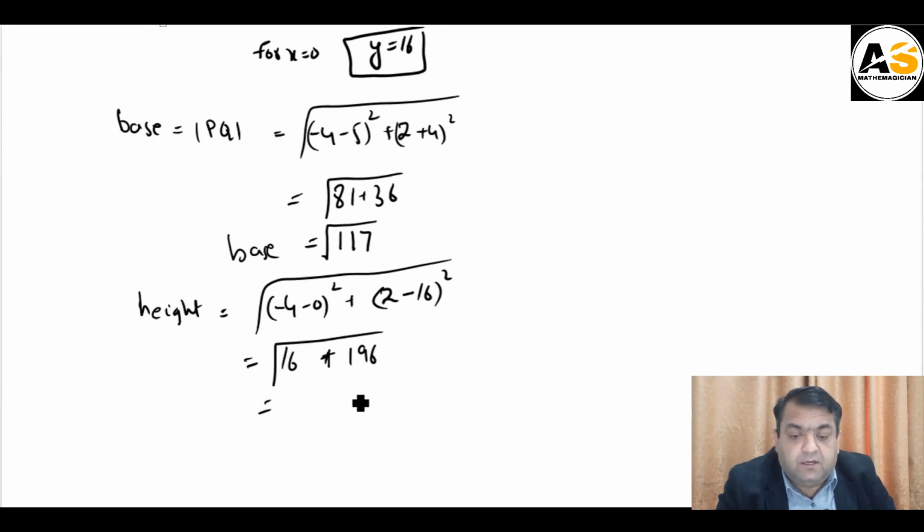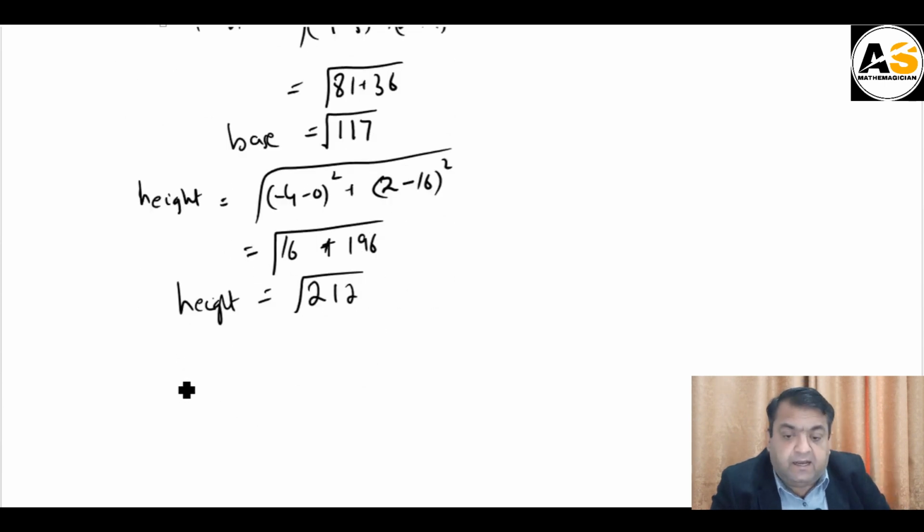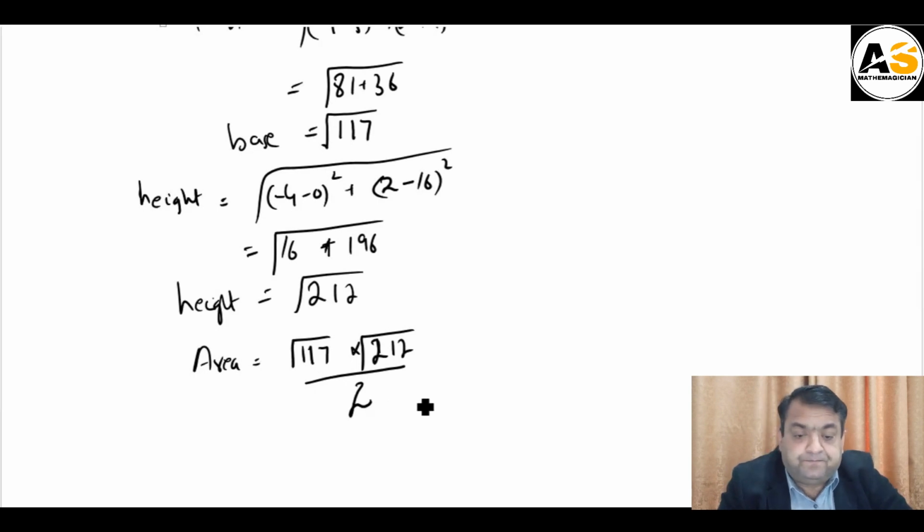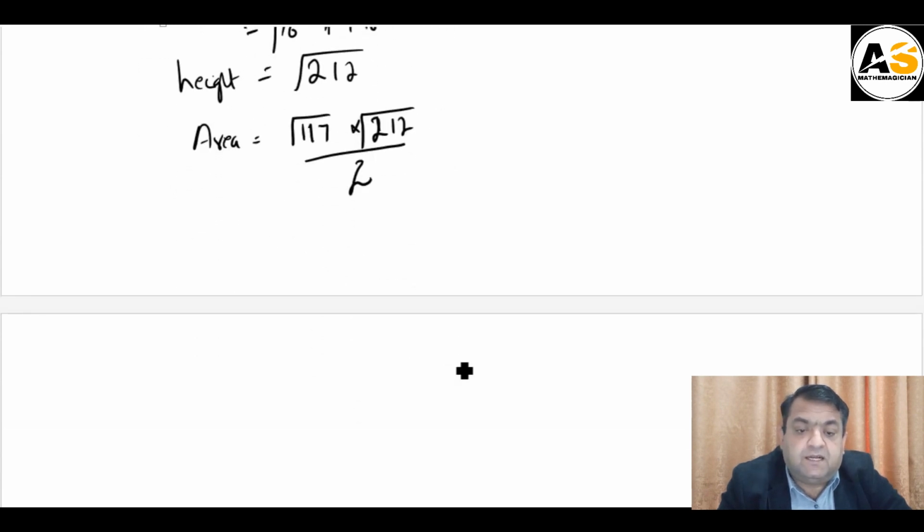This will be 212 square root. I hope this is clear. Now, dear student, what will be the area? Area will be base multiplied by height divided by 2. You just need to simplify it, because 4 can be taken out and that will be cancelled with this. I hope this is clear.